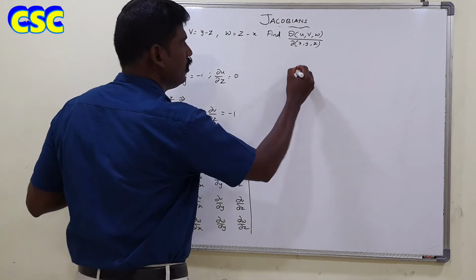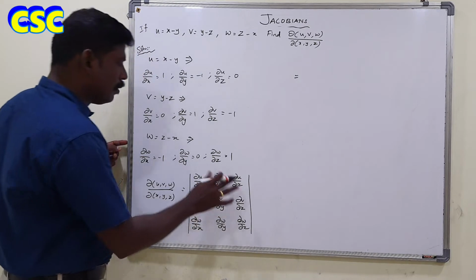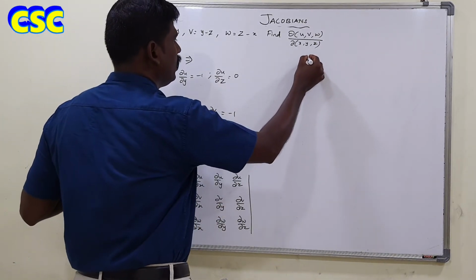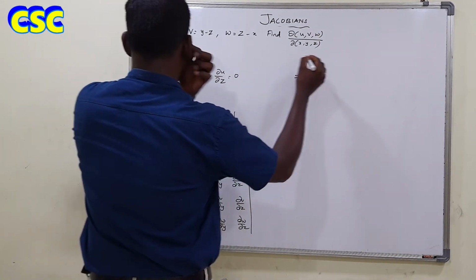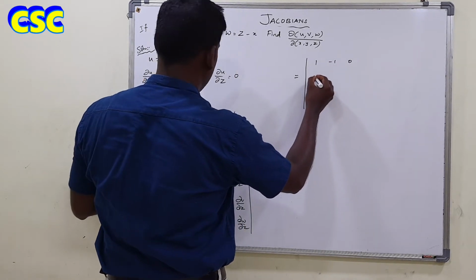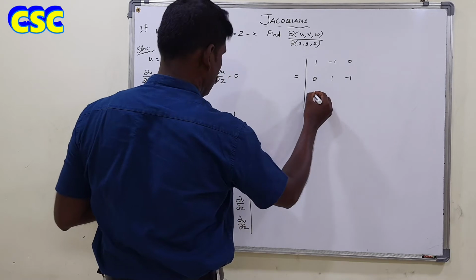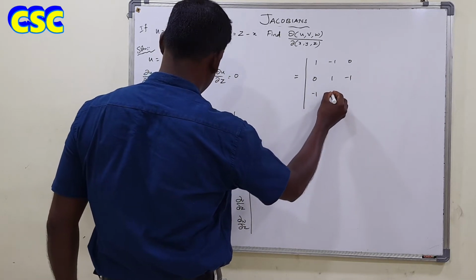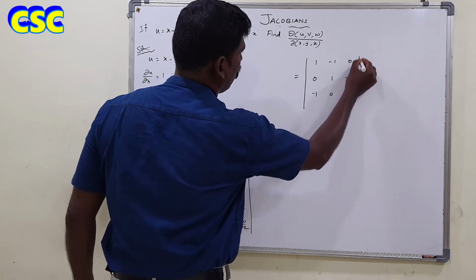Substitute all the partial derivative values in this determinant. You get 1, minus 1, 0; 0, 1, minus 1; and minus 1, 0, 1.